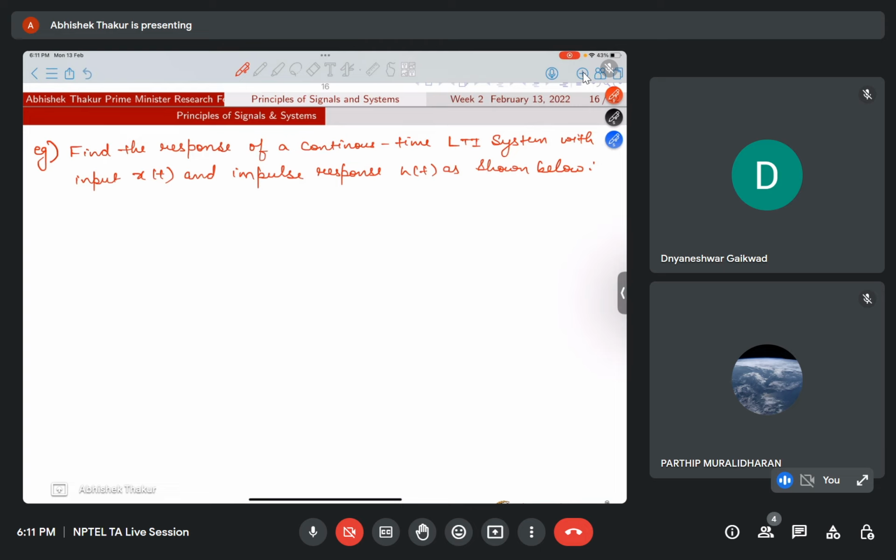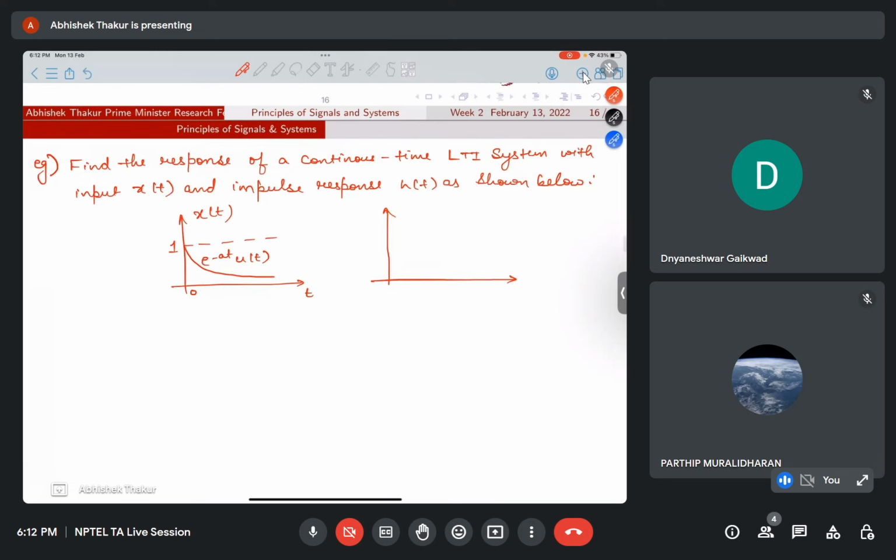In this question, our xt is given as e to the power minus at ut. The maximum value of e to the power minus at ut will be 1 at t equal to 0.